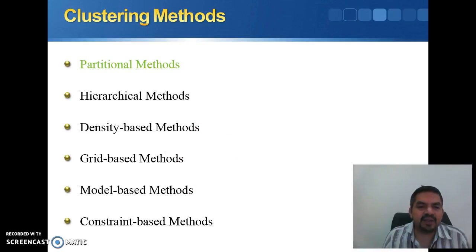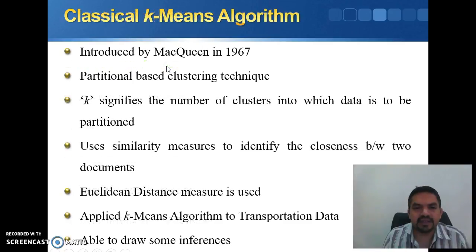Among clustering methods, there are partition methods, hierarchical methods, density based methods, grid based methods, model based methods, and constraint based methods. In this discussion we mainly discuss partitional methods. The popular algorithm is the K-means algorithm, introduced by MacQueen in 1967.